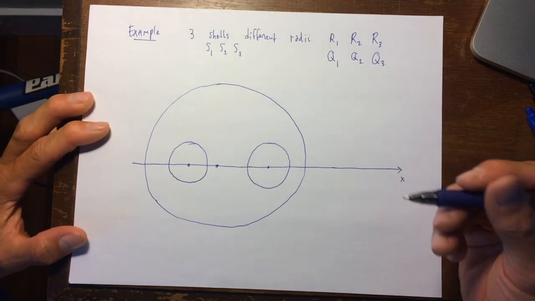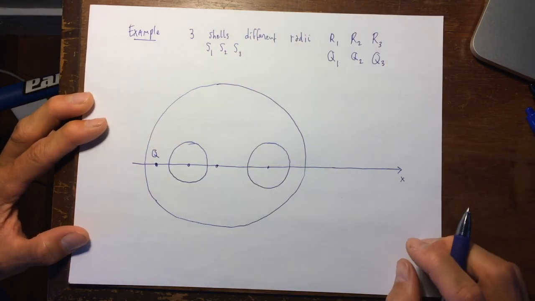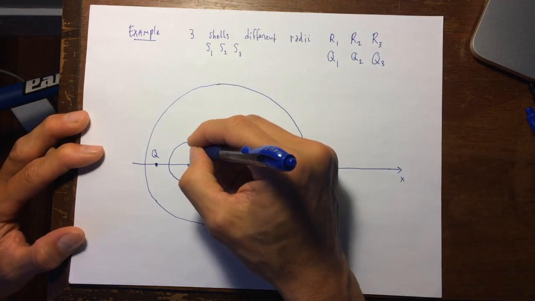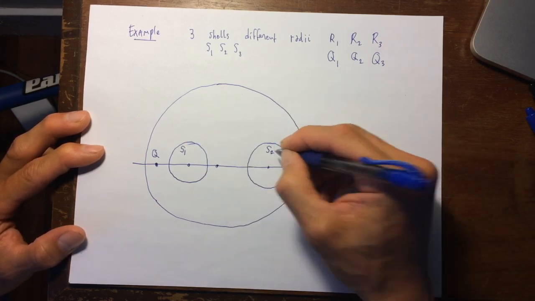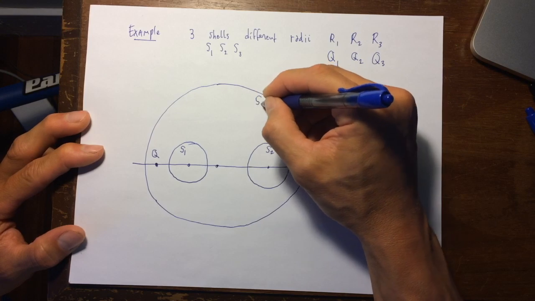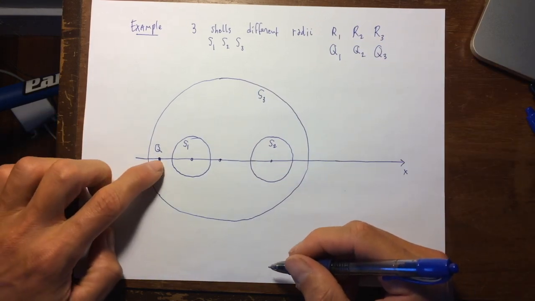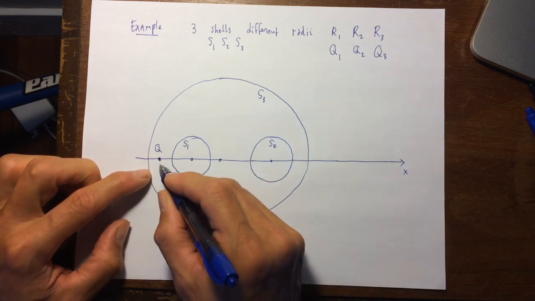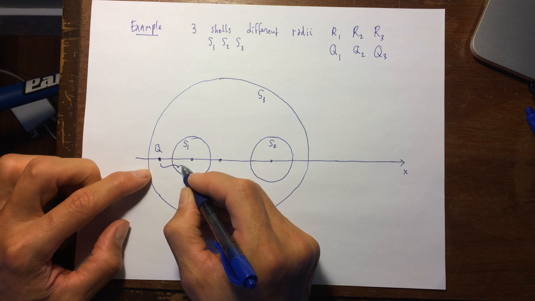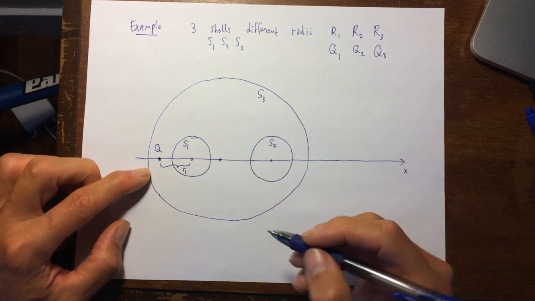And I'm going to put a charge capital Q way over here. Let's call this S number 1, S number 2, and S number 3. The distance that Q is from S1, let's call this R1.